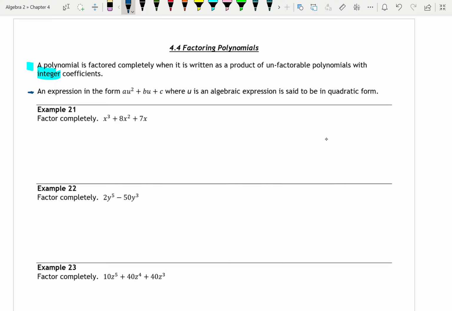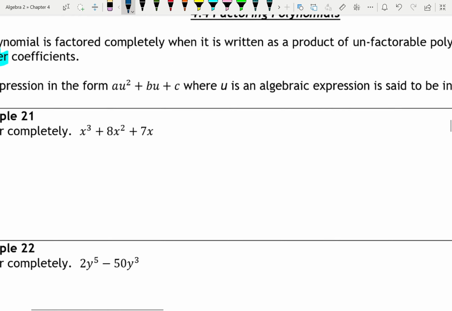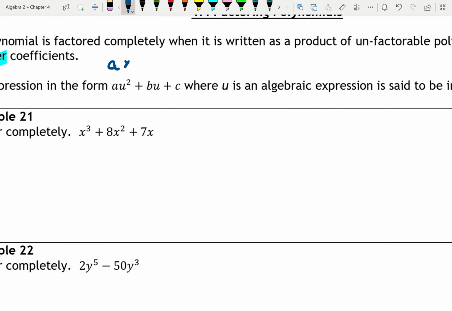An expression of the form au squared plus bu plus c, where u is an algebraic expression, is said to be in quadratic form. Now, we know a quadratic equation is ax squared plus bx plus c. But here we have the u, meaning that maybe we can have something that looks really weird.